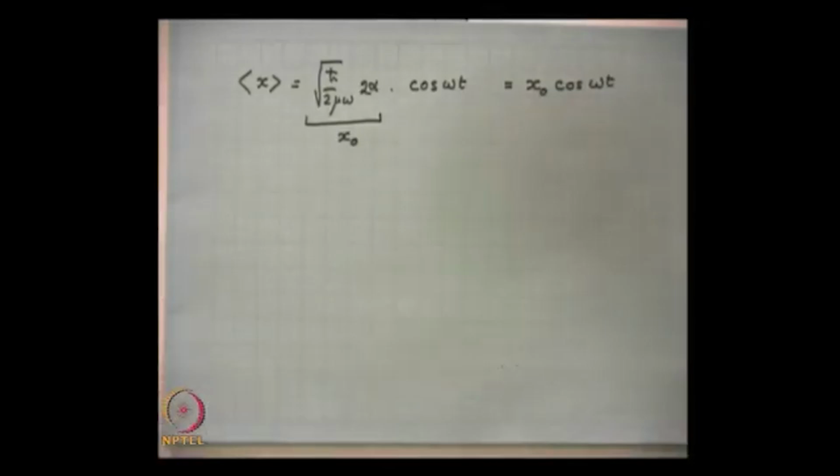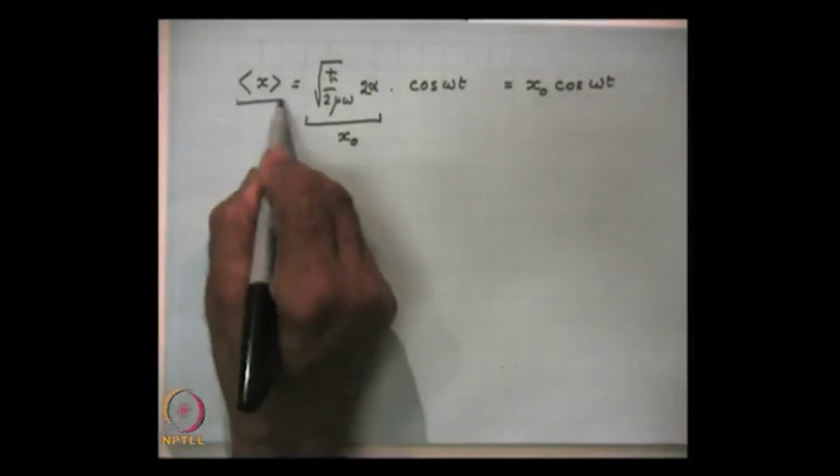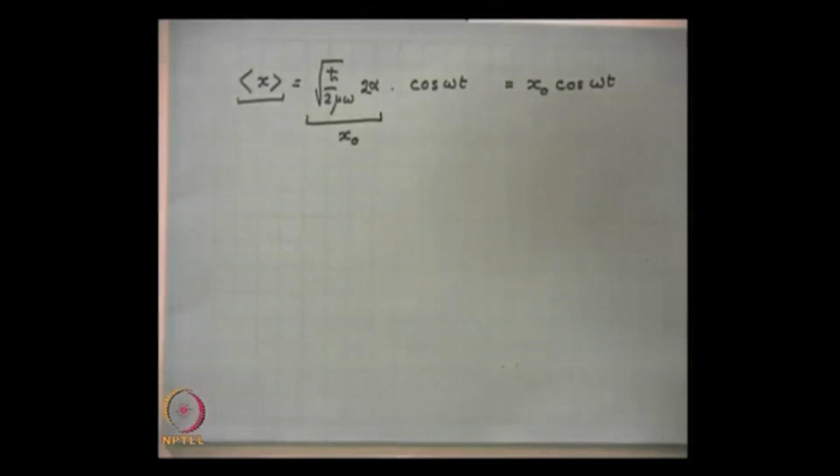So, the initial wave packet, the expectation value of x oscillates with amplitude x naught.